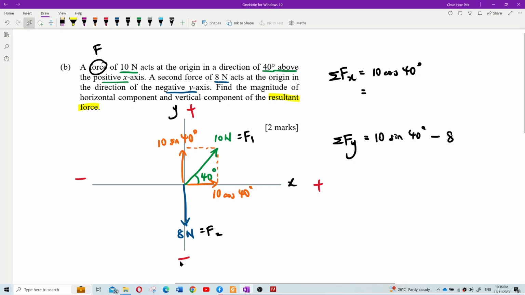Let's check the answer, class. Check the answer, make sure it's degree, not radian. Okay, 10 times cos 40.